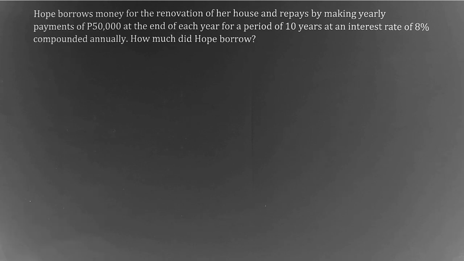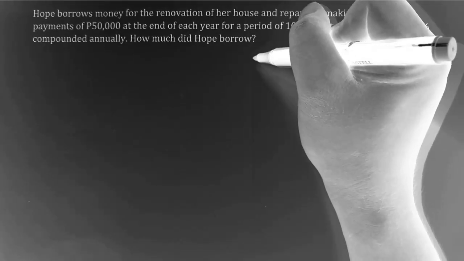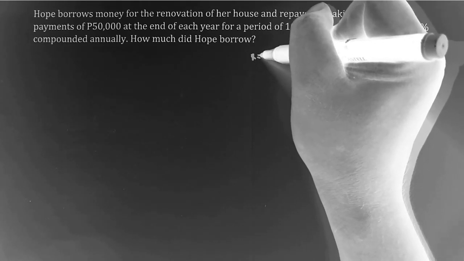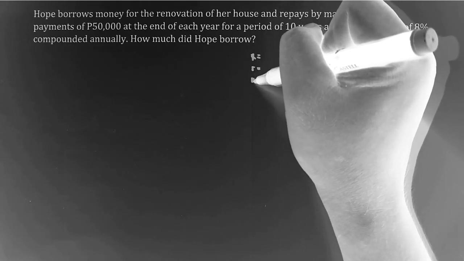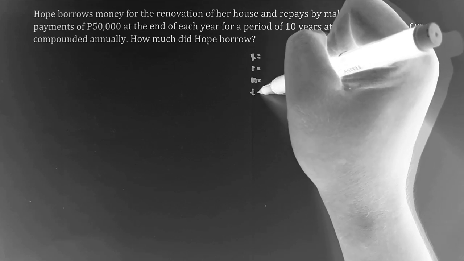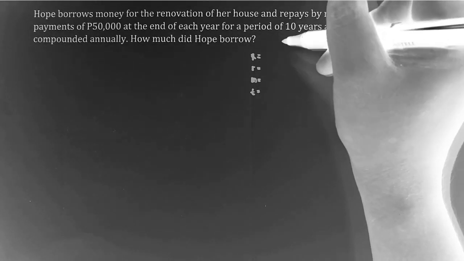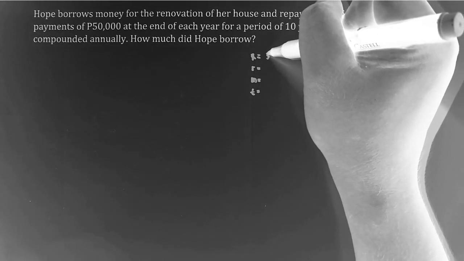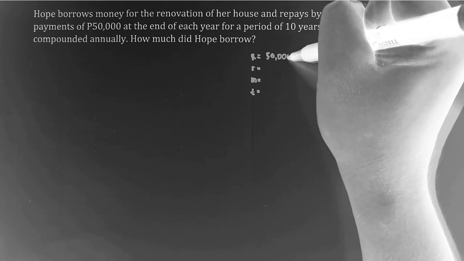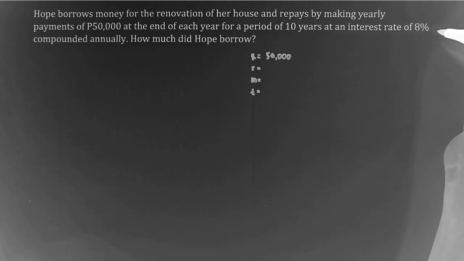So, kagaya ng mga nauna nating ginawa, ito yung mga values na kailangan natin. Kailangan natin ng value ng R, ng ating rate, ng M, at ng T. So, ang R natin dito sa problem na ito, meron tayong 50,000 pesos.